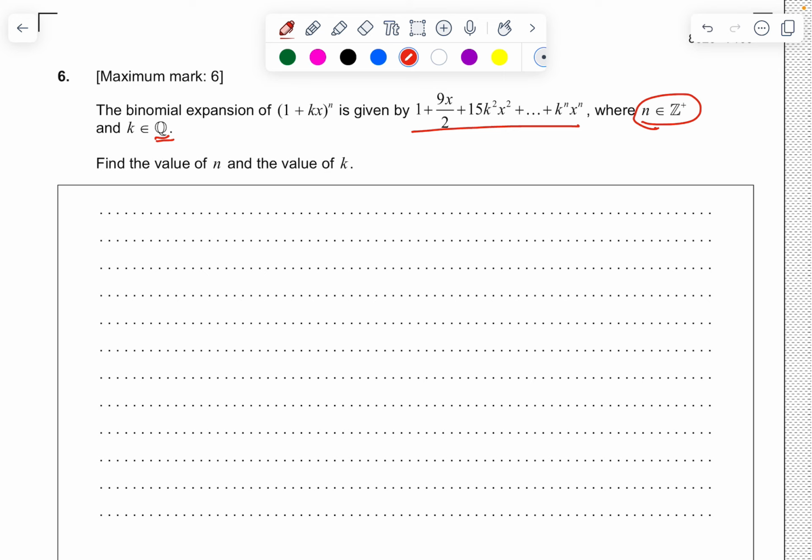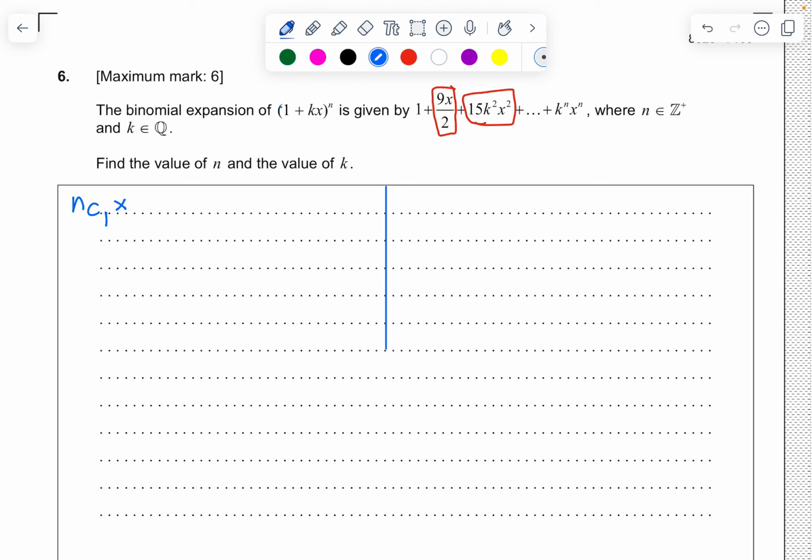So according to the question, you can see that we have the second term and the third. So using this information, I'm going to form two equations. The first one is the second term. How do I find the second term? NC1, right? First term is NC0, second term is NC1 times kx.